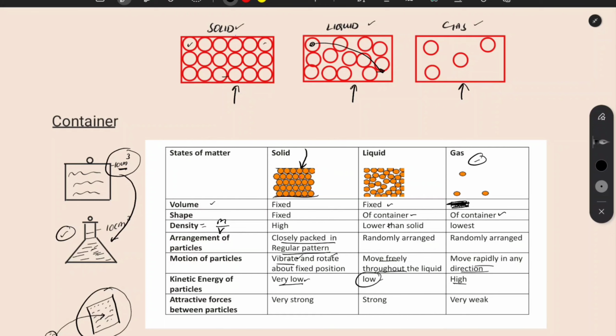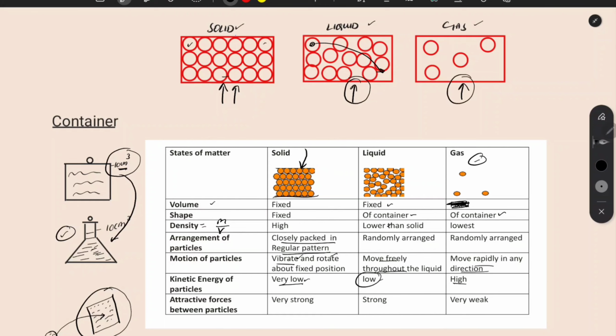The strength of the force of attraction between these particles is different. That is why in solids the particles are closely attached, because the forces of attraction are very strong. In the liquid state, particles are comparatively apart, they can move around, and their forces of attraction are comparatively weaker.